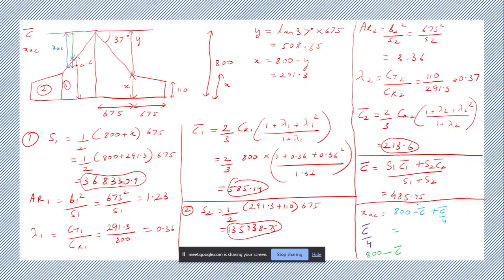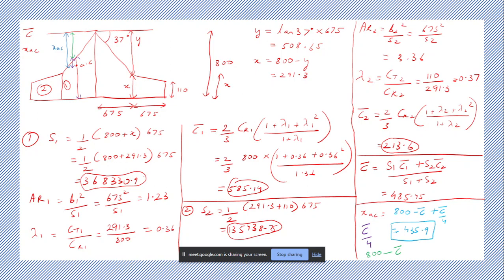Just quickly do it. It's 435, right? So X bar XAC is 435.9. So that is the value.